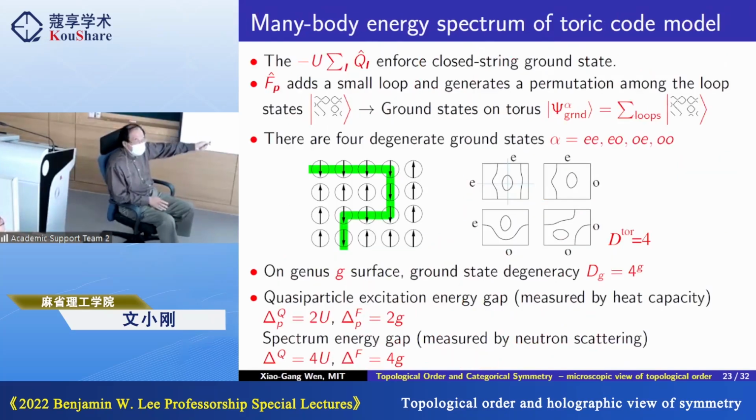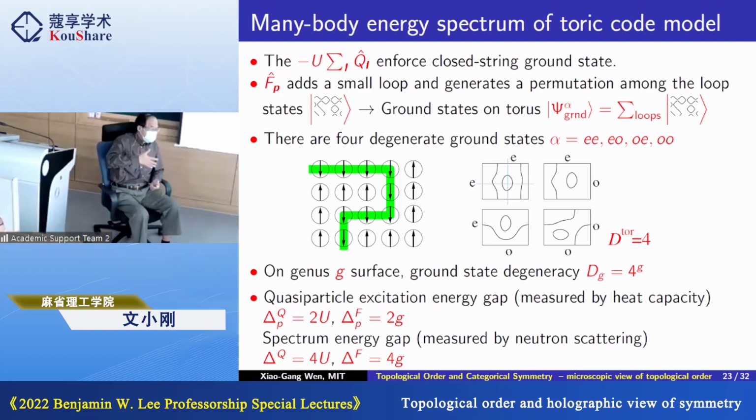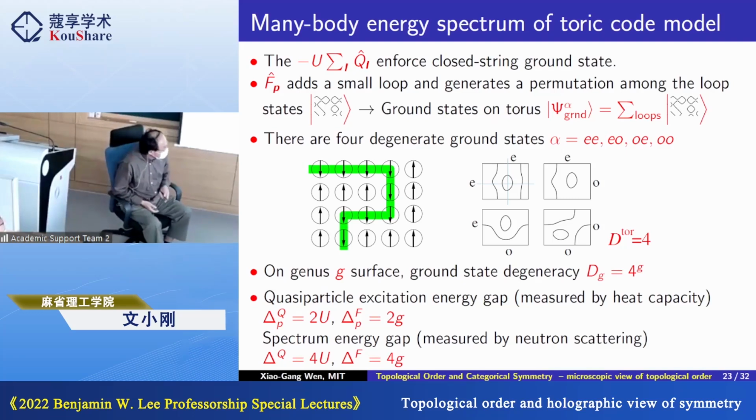So all four states are really ground states. They have the same ground energy. This shows that the topological model has four degenerate ground states on the torus. That's a sign. Maybe we have a ground degeneracy, maybe it is a topological order.